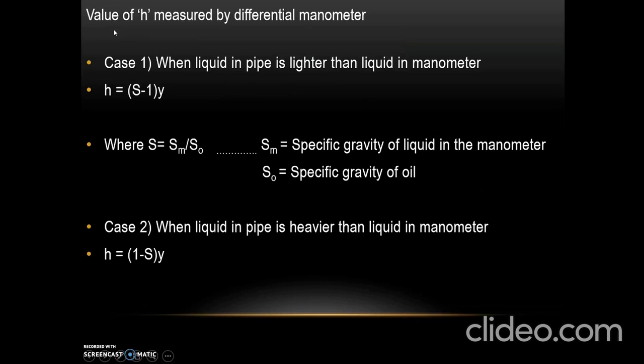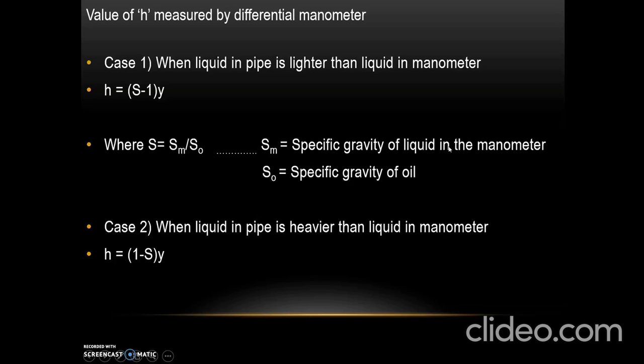Now we will find out how to get the value of H measured by differential manometer. Case 1, that is when the liquid in the pipe is lighter than the liquid in the manometer. So H will be equal to S minus 1 into Y, where S is equal to SM divided by SO.